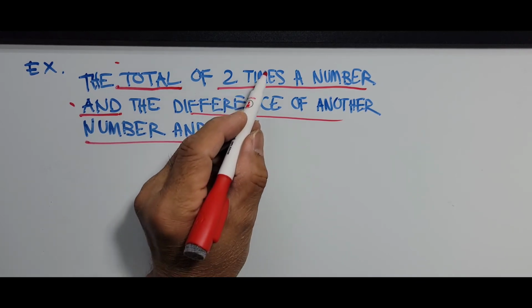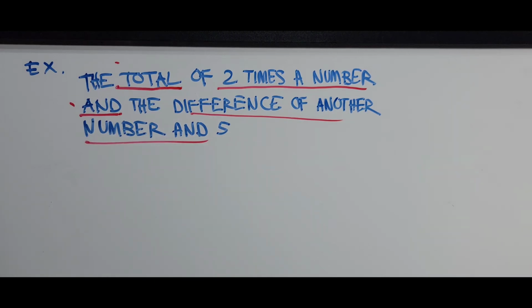So you're adding this to this, right? How are you going to write that as an algebraic expression? The total signals addition, so you just put addition in the middle right there.